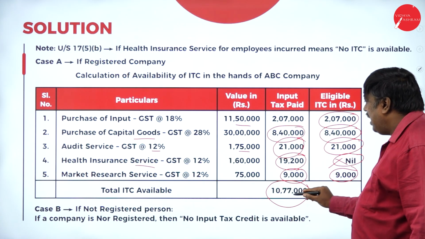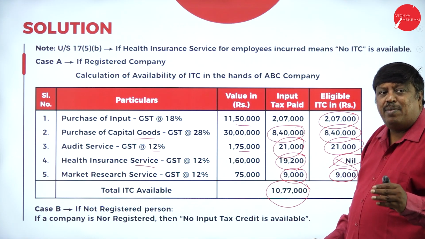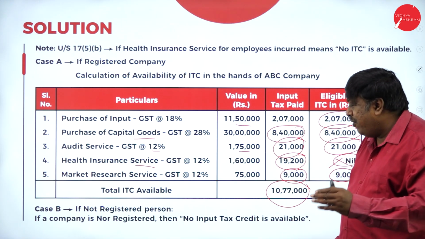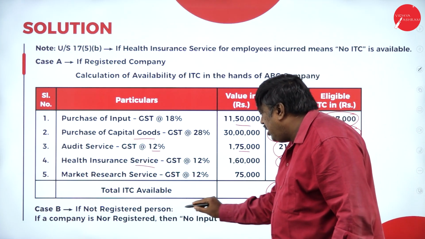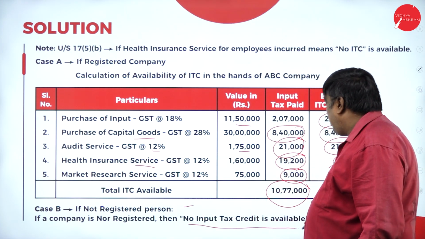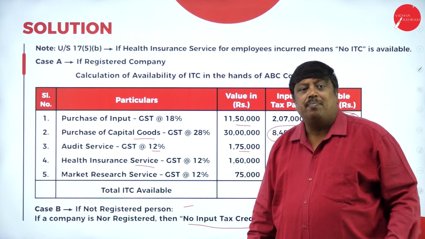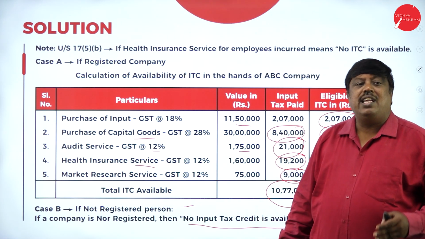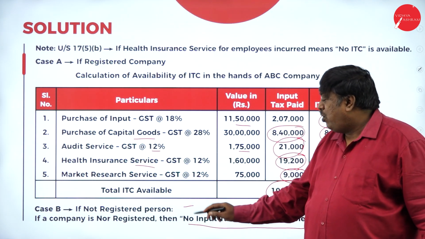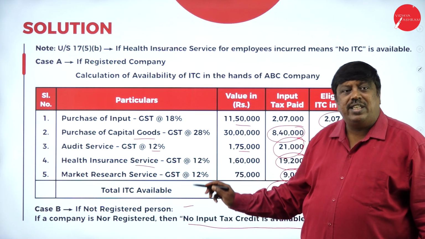The remaining 10,77,000 is available for input tax credit benefit. If he is not a registered person, then no input tax credit availability will be given. I cannot claim input tax credit benefit if I'm not registered under GST.